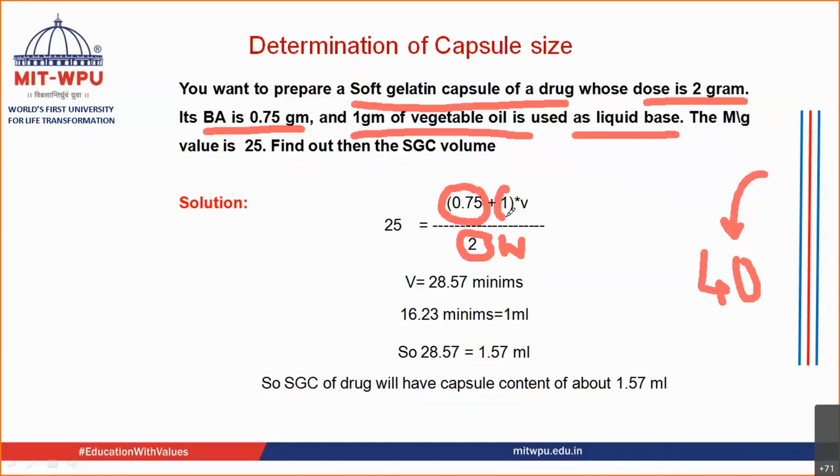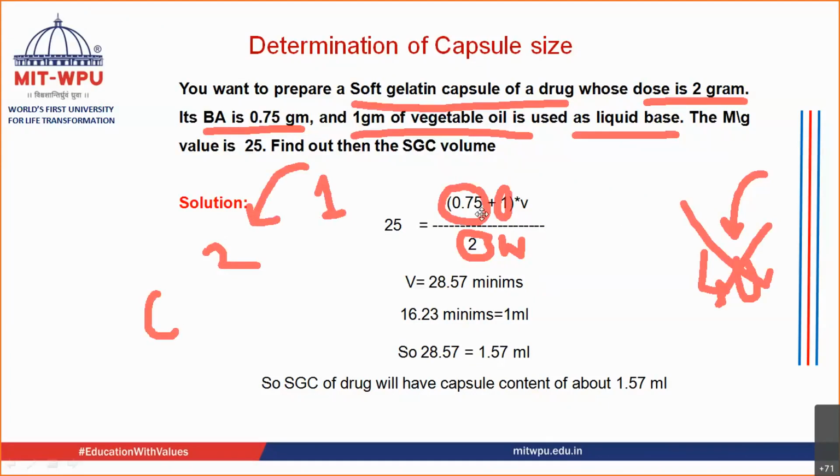So this is the 1 gram of liquid that was added into this. Let us cancel this. So into 2 grams they have added 1 gram, and when you add this 1 gram of vegetable oil into these 2 grams, you have got a mixture that is capsulatable. Clear till here? The base adsorption was found to be 0.75.